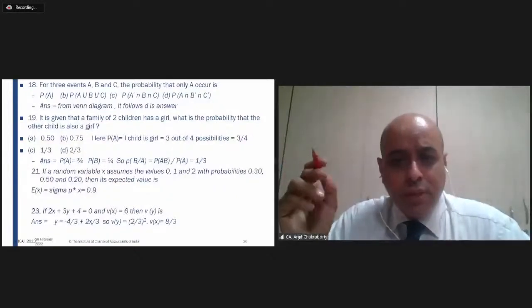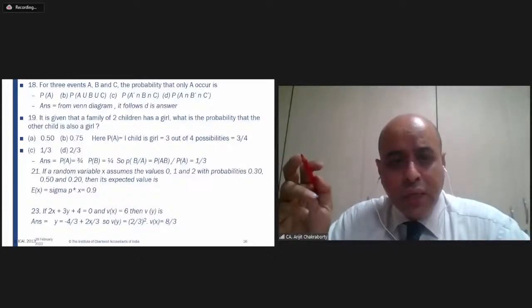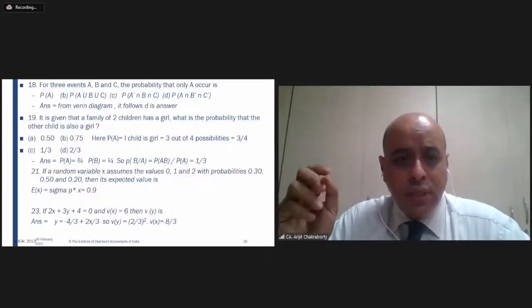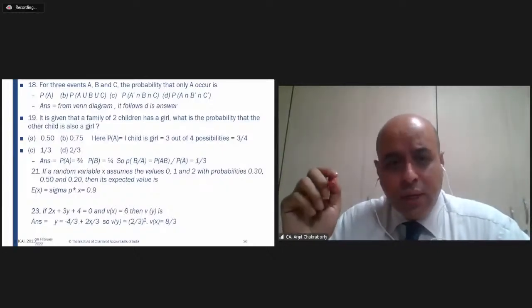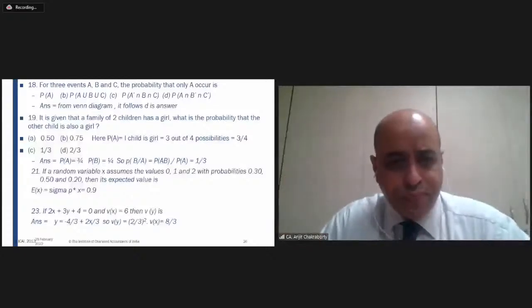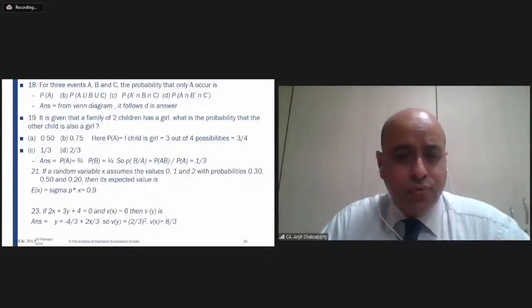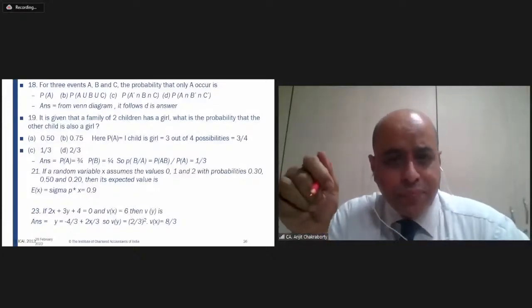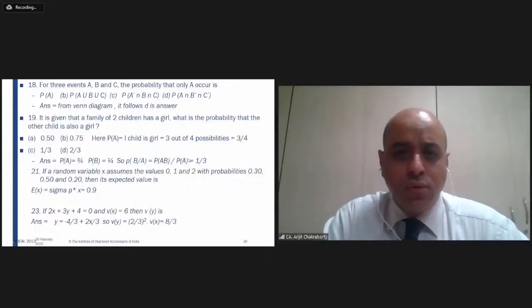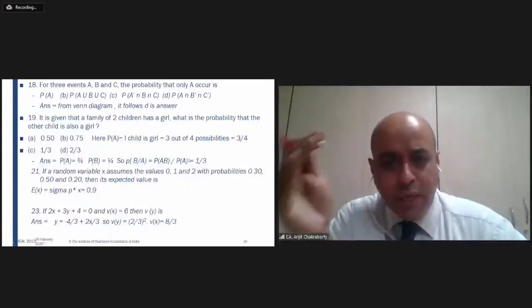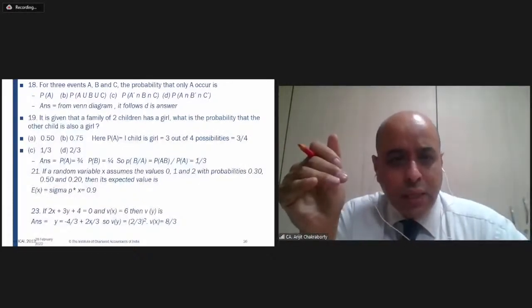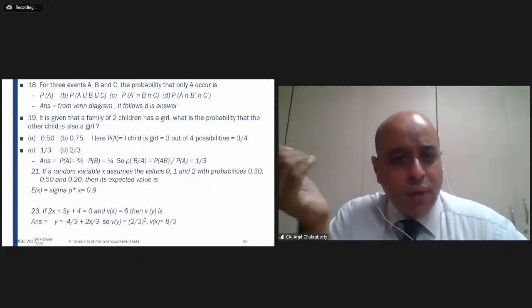Here the probability of A is 3/4 and the probability of B is 1/4. So the probability of B given A is the conditional probability formula, P(A∩B) by P(A). So we are getting 1/3.